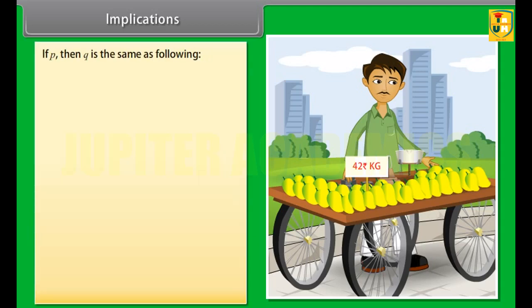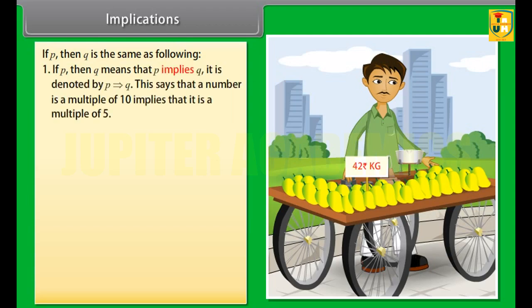If P, then Q means that P implies Q. It is denoted by P implies Q. This says that a number is a multiple of 10 implies that it is a multiple of 5.